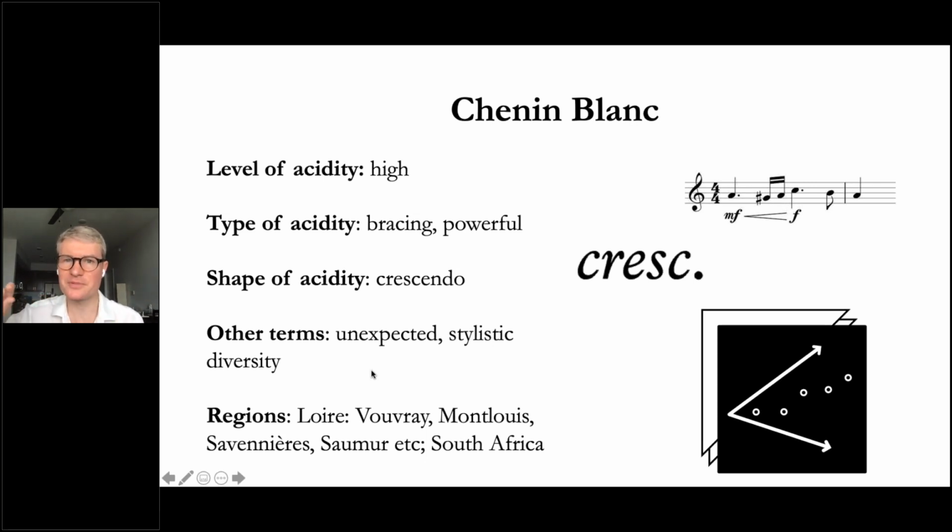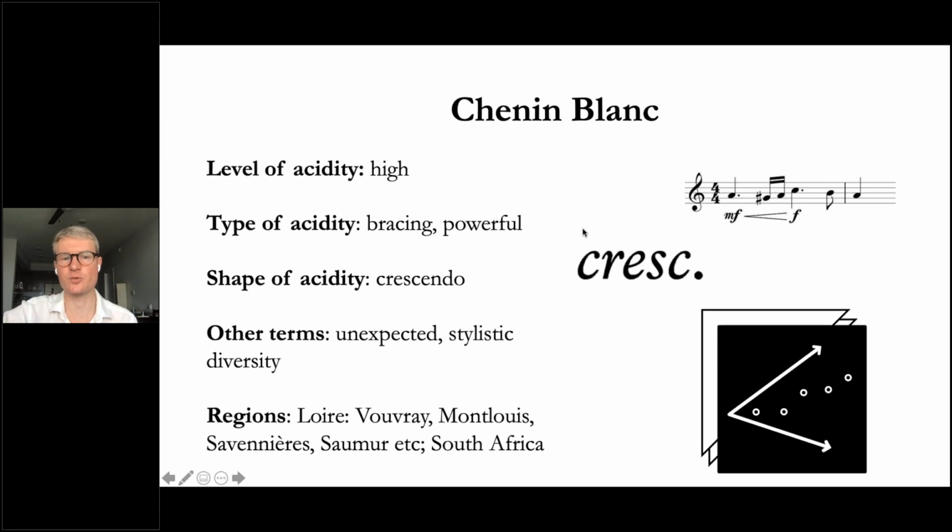But then that acidity just creeps up on you at the end. It's very unexpected, and it would never happen in a Chardonnay. Or if you're in a Vouvray, perhaps with a little bit of residual sugar or off dry, again, it's quite soft at the beginning, but then the acidity comes screaming in at the end after that crescendo. So that's what I'm calling unexpected.